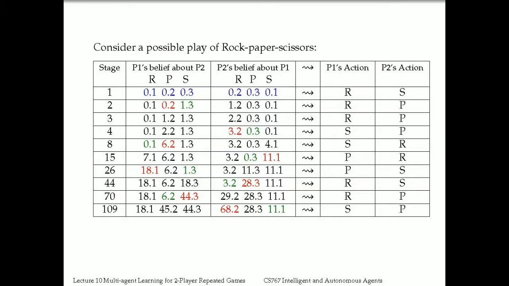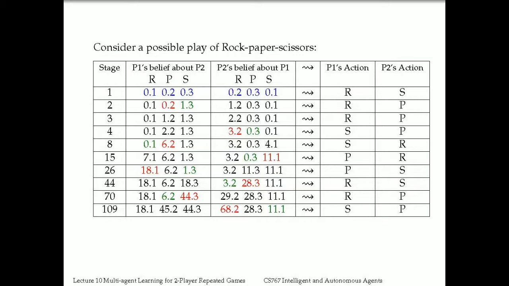But player 2 thinks that player 1 would more likely play paper, and so player 2's action will be responding with scissors. So in this case, player 1 actually made a right prediction, and therefore he wins for one round and increases the belief on scissors by 1. Whereas player 2 realized that he has made a wrong decision, so the belief is wrong, so he updates the belief by increasing rock by 1.